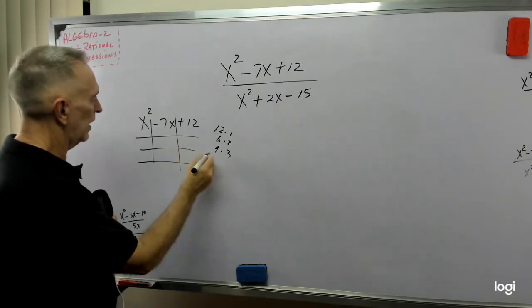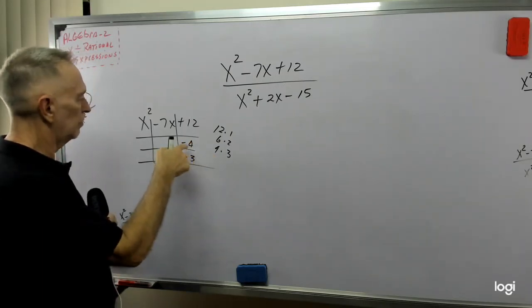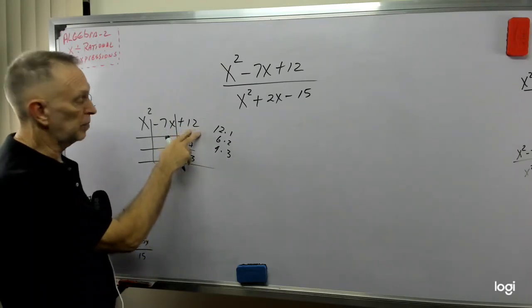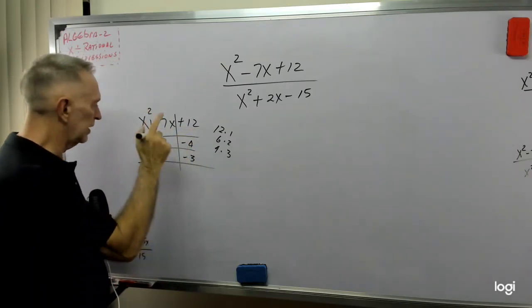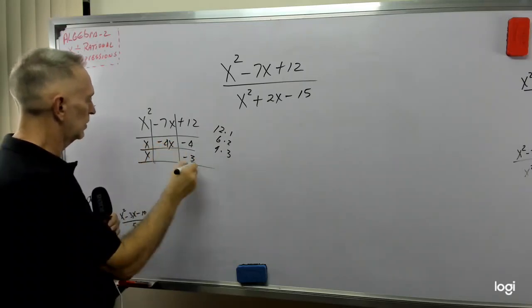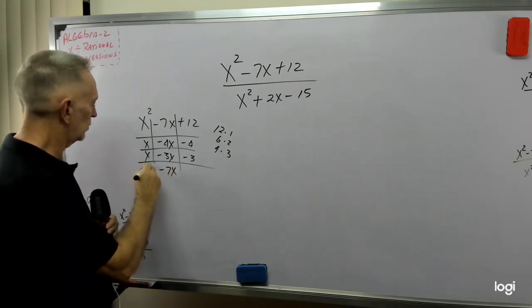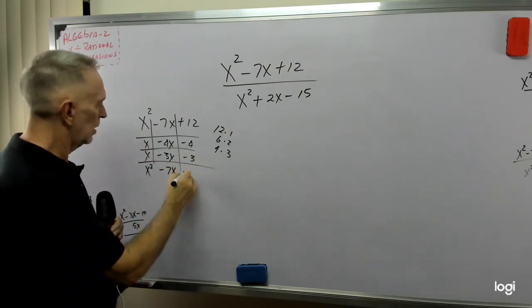So if I have a negative 4 and a negative 3, multiply those together, it gives me a positive 12. Add them, I get a negative 7. So minus 4x minus 3x gives me minus 7x. X times x is x squared plus 12.